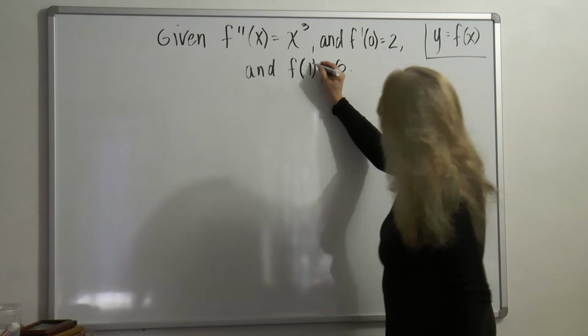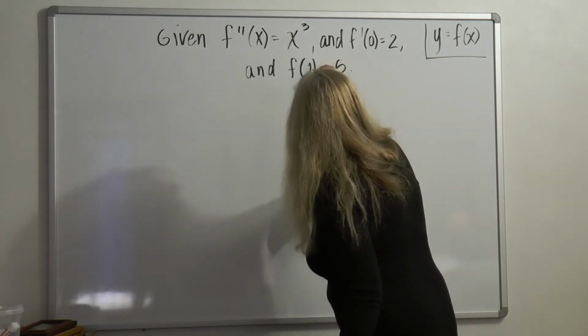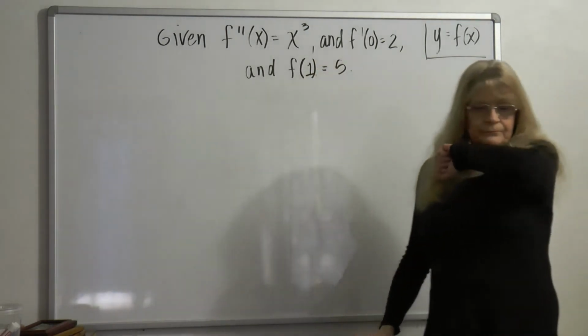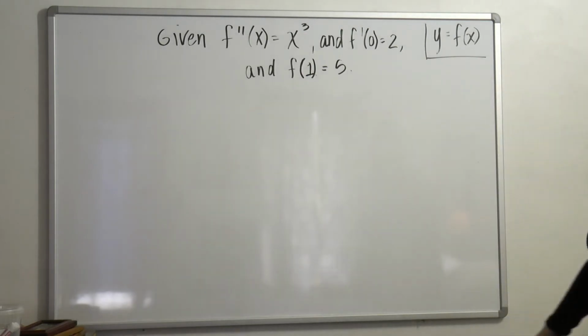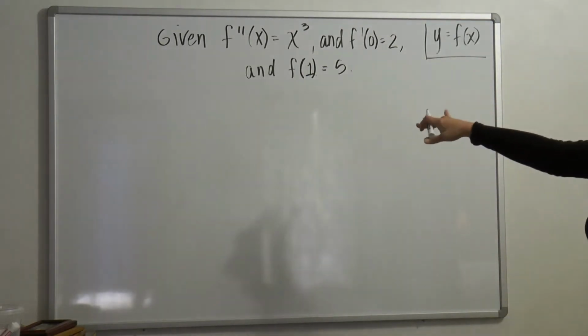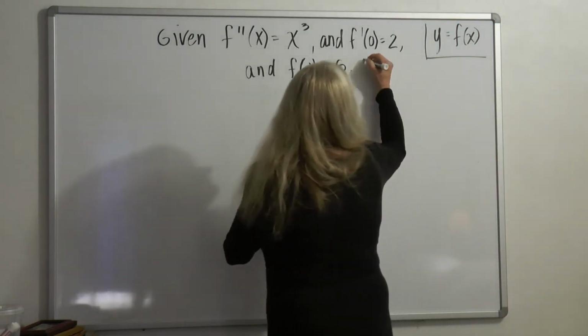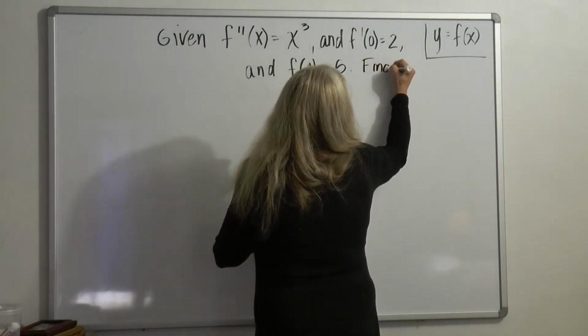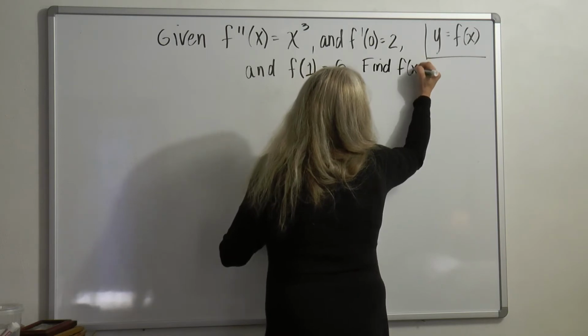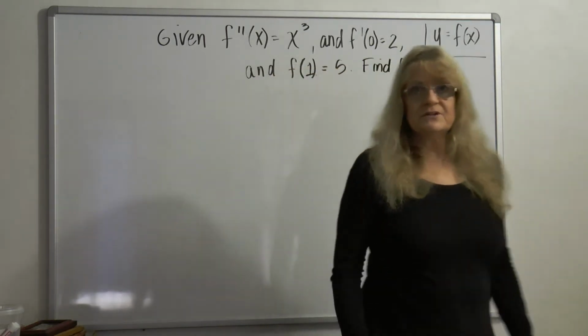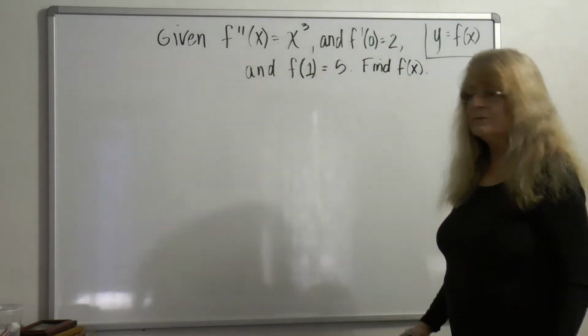That's a 1. Okay. So if I have this information given to me, I want to find f of x. So I'm going to try and find the position function based on this information.